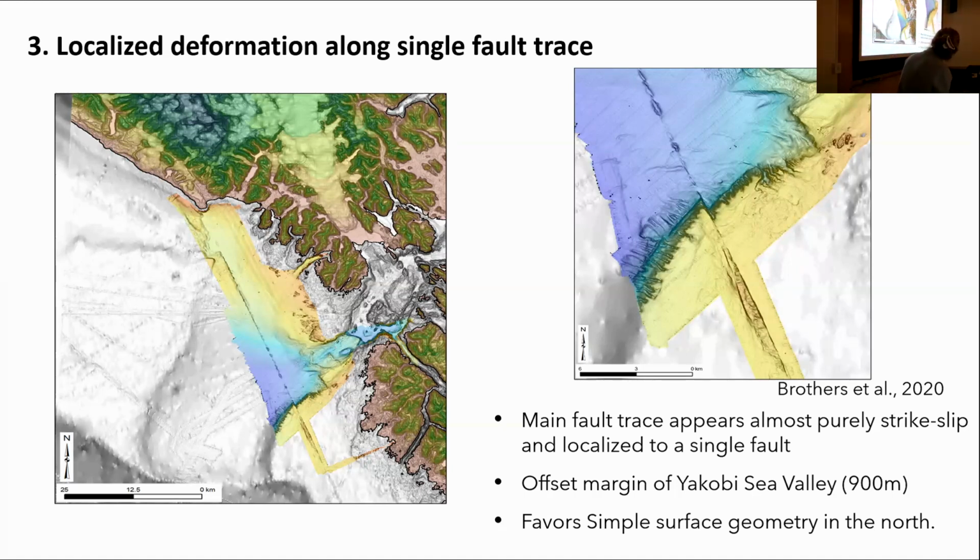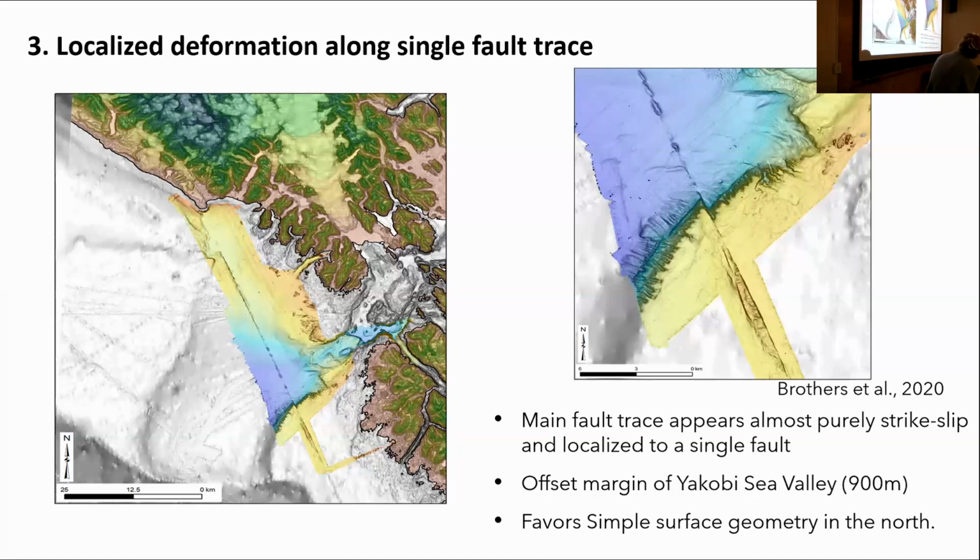If we look really closely at the edges of what's called the Jacobi Sea Valley, where the Queen Charlotte Fault crosses this glaciated terrain, there are really clear piercing points or offsets in the margins there.